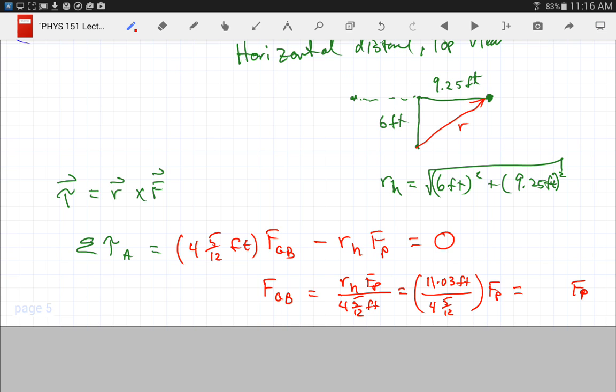I don't know what 5/12 is, sadly. 2.5? Really? Okay. Well, that means that the force the ground has to provide is 2.5 times the weight of the person to keep it from falling over.